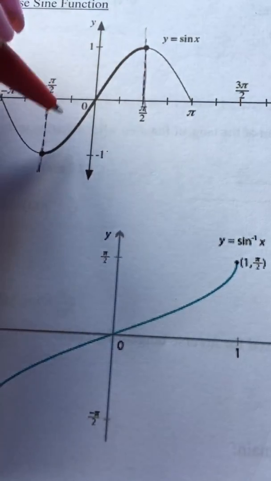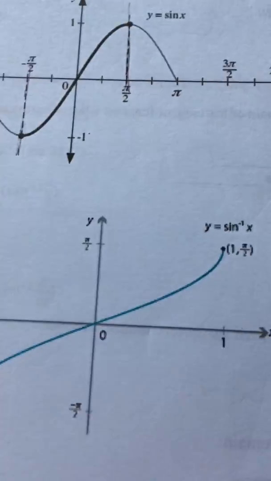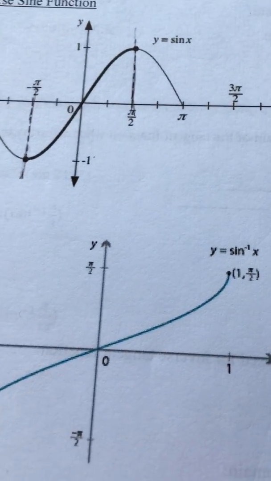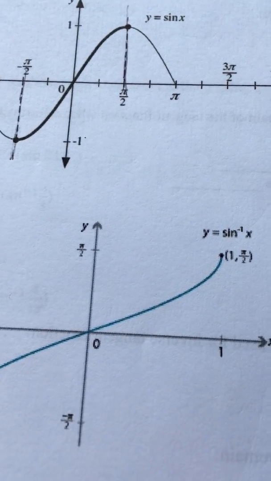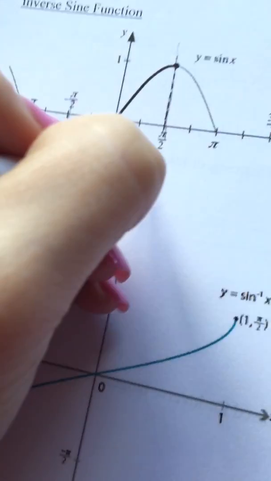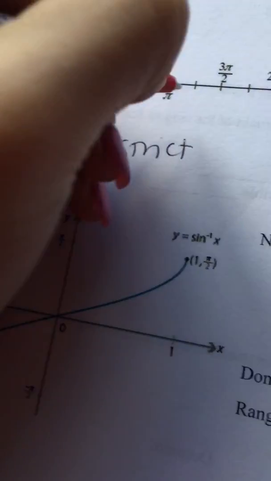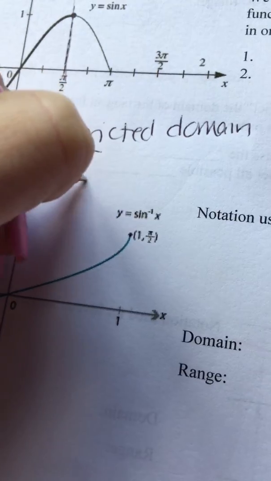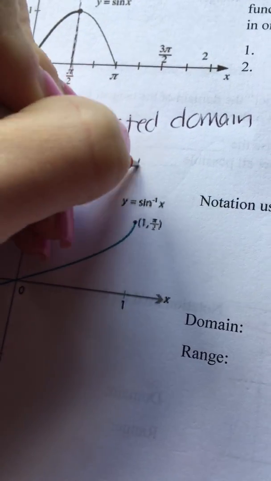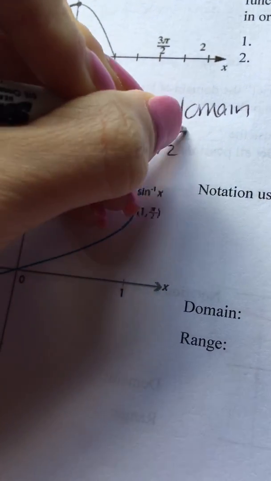I'm not going to repeat any. Everything's just in this nice curve. And that's how I restrict my domain. It's awesome. So I would say the restricted domain would be negative pi over 2 to positive pi over 2.